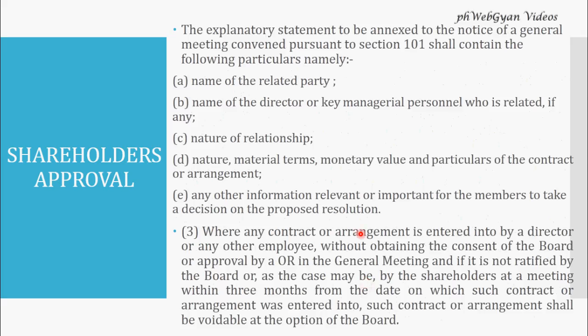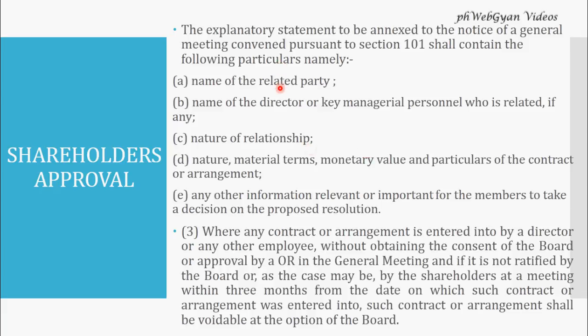Now, first of all, it is an ordinary resolution, we all know. But it is a special business. So if it is a special business, then an explanatory statement is required to be annexed. Now, if an explanatory statement is required to be annexed, then what all has to be disclosed mandatorily? It is also given under the rules.